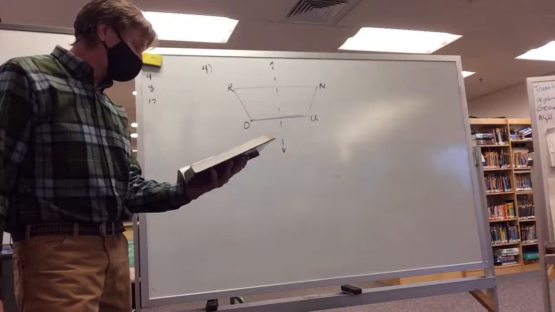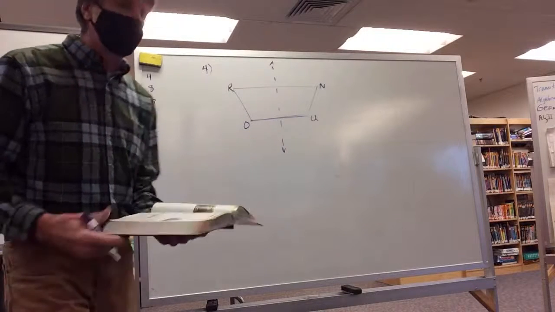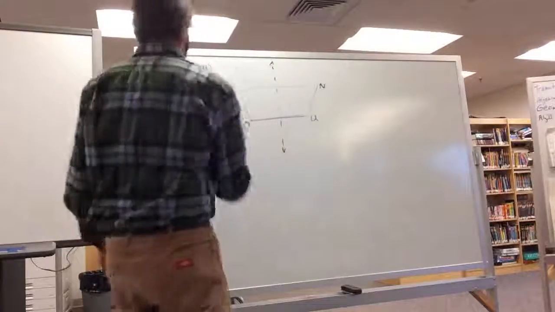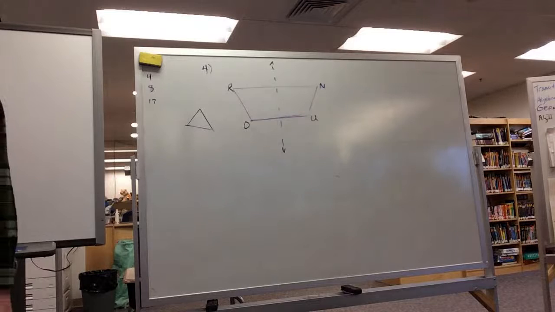Then we need to find the center of the circle that contains all four vertices. So do you guys remember how to find the center of a triangle? Yes. How?